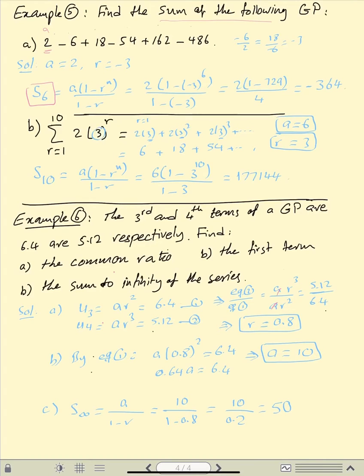So r is negative 6 divided by 2, or 18 divided by negative 6, which is negative 3. So r is negative 3. You'll be using the values of a and r in this formula, a is 2 and r is negative 3. By calculating, you'll get the sum is negative 364.